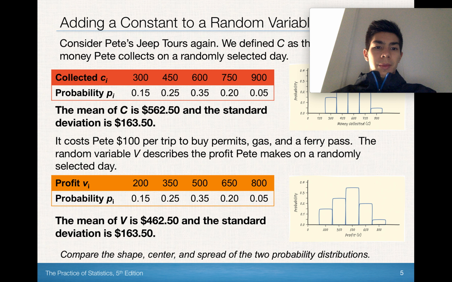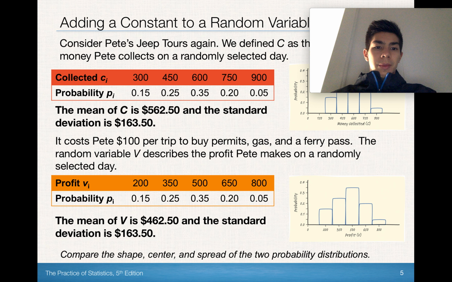What that means in practical terms is that you can combine any of these operations as many times as you like, and as long as you're following the rules for them, you are okay to do so. If we want to add a constant to x, we do x plus a, and if we're going to multiply it afterwards, we just do b times (x plus a), and the expected values and standard deviations change accordingly.